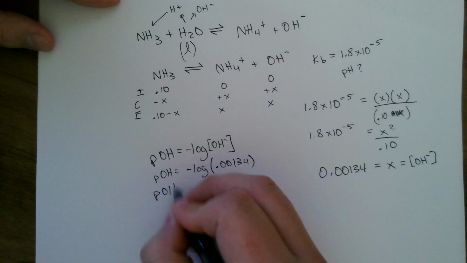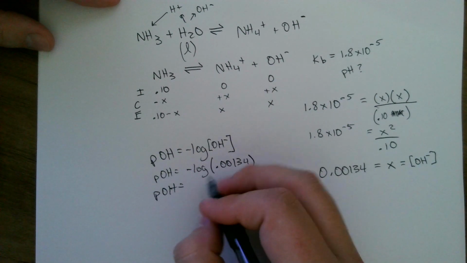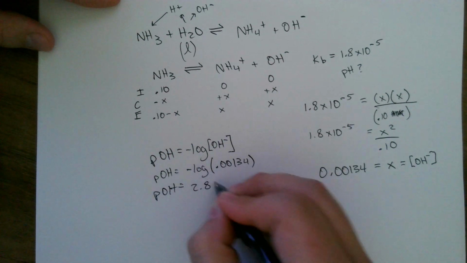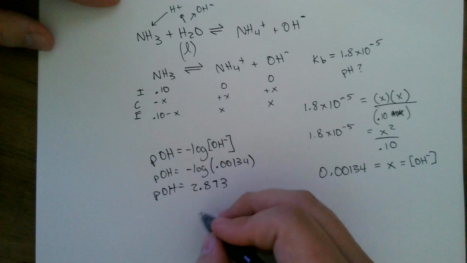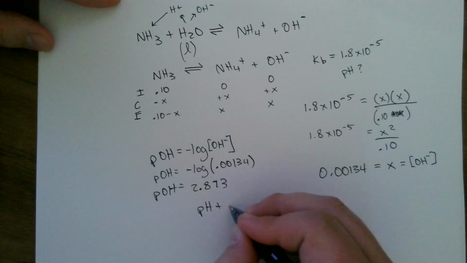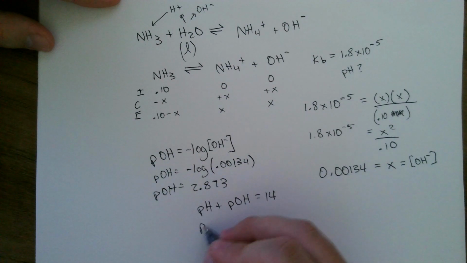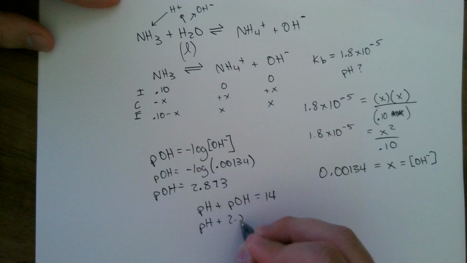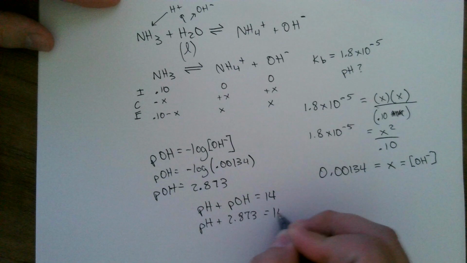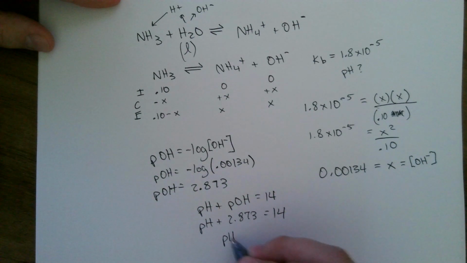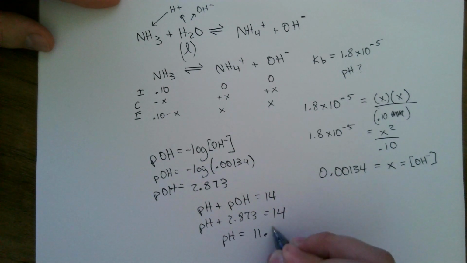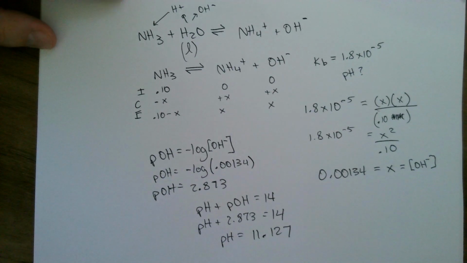So our pOH when we solve this is equal to 2.873. To find pH, it's just pH plus pOH equals 14. The pOH is 2.873, so pH equals 11.127. That's the pH of my solution.